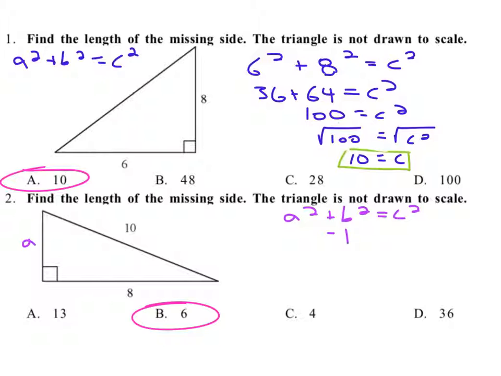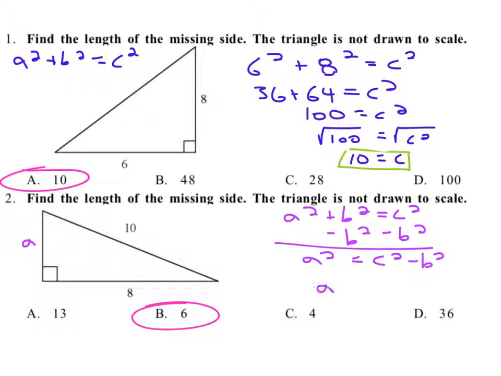And since you're finding one of the legs, we can say, okay, let's subtract away the other leg. It doesn't matter which one you did. Sorry, made a mistake there. Let me go back. Minus b squared. And you would get a squared is equal to the hypotenuse squared minus one of the legs squared.